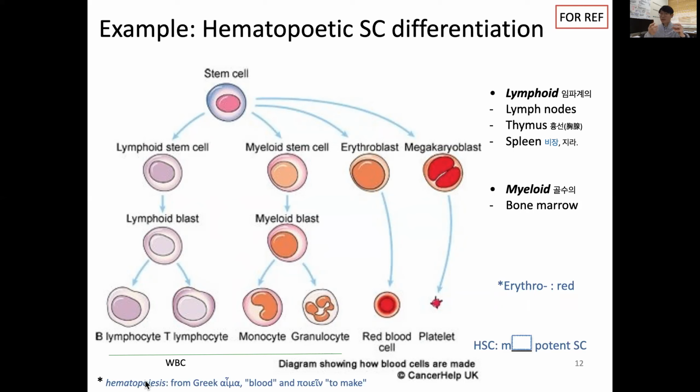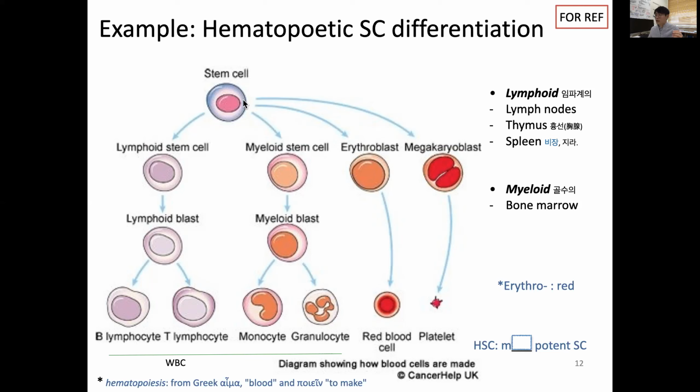However, there are also white blood cells, which have a variety of cell types, and also platelets. So where do they come from and how are they made?